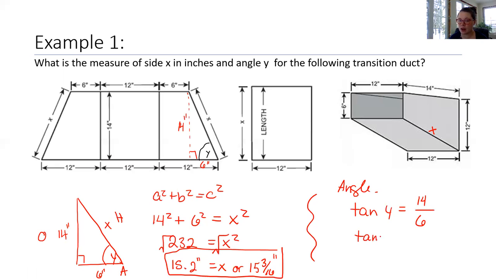So the tan of Y is going to be equal to 2.333, and I think that just continues to repeat. So Y is equal to, and we do that inverse tan, that shift tan of 2.333. Y is equal to 67 degrees. Okay, pretty straightforward.